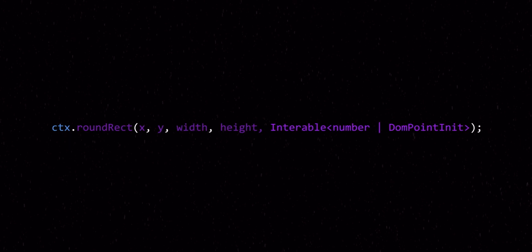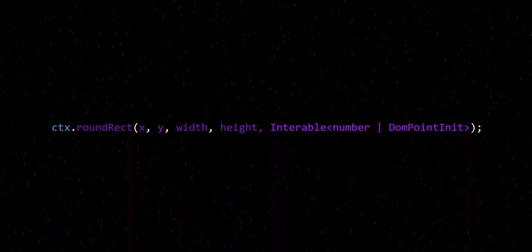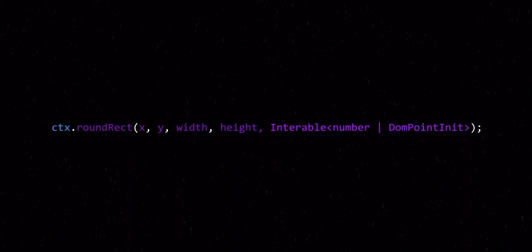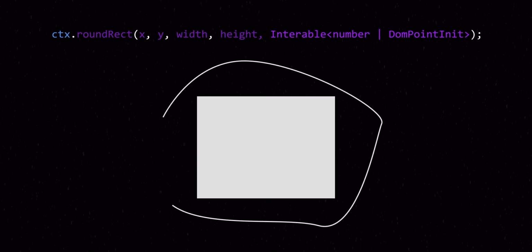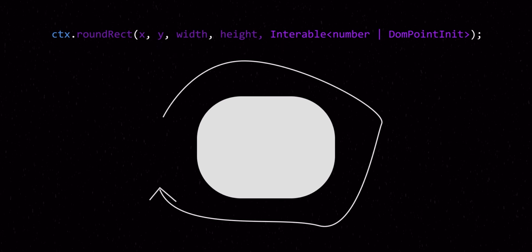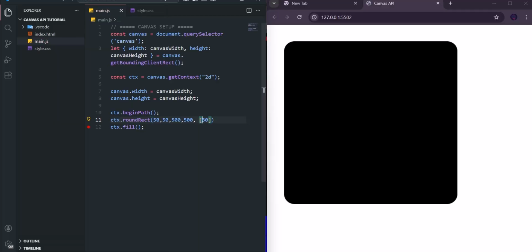Like mentioned earlier, you can also use an array of numbers or DOMPointInit objects to represent the radius of each corner. The radius array behaves similarly to CSS border radius. The values move clockwise starting from the top left corner. With one value, this behaves exactly like passing a single number. All corners use the same radius.